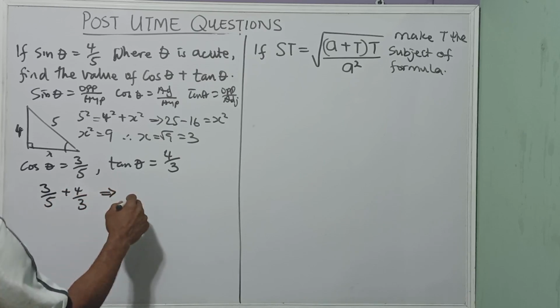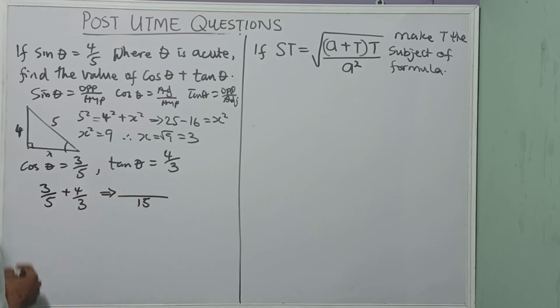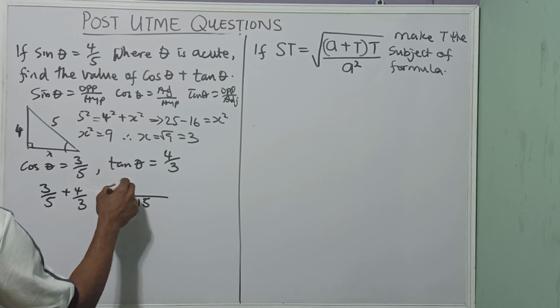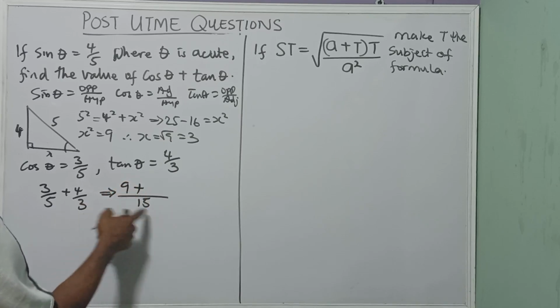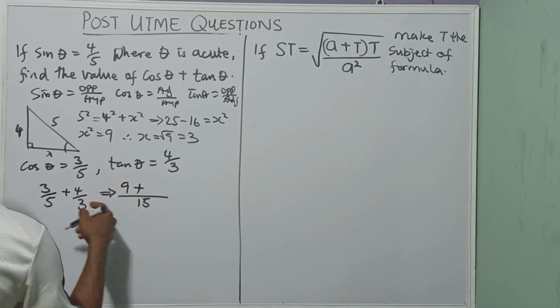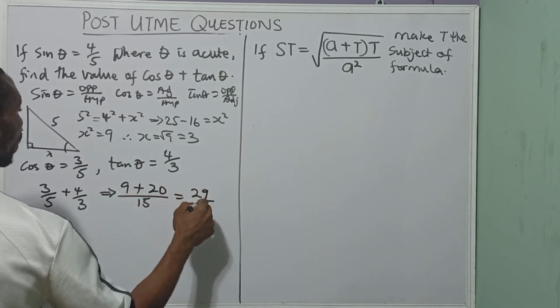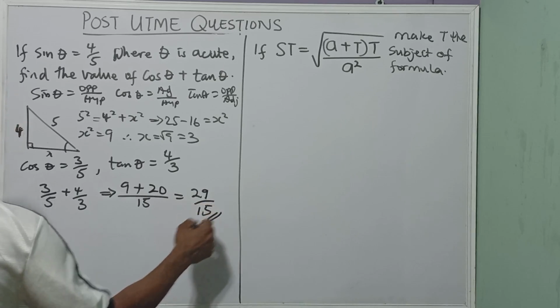Now, our LCM here will be 15. 5 here, 3, 3 times 3, 9. Plus 3 here, 5, 4 times 5, 20. So this gives us 29 over 15 as our answer.